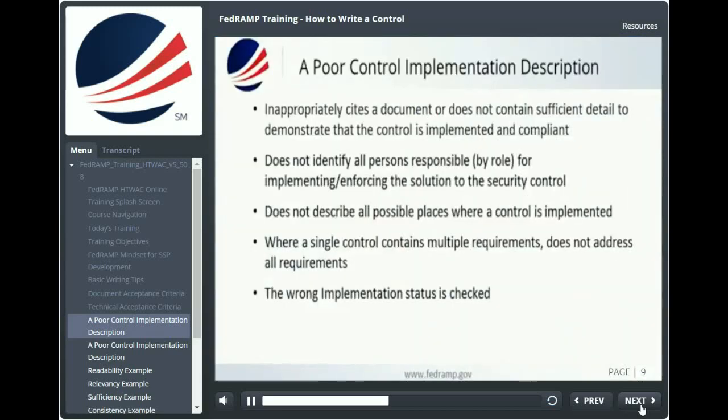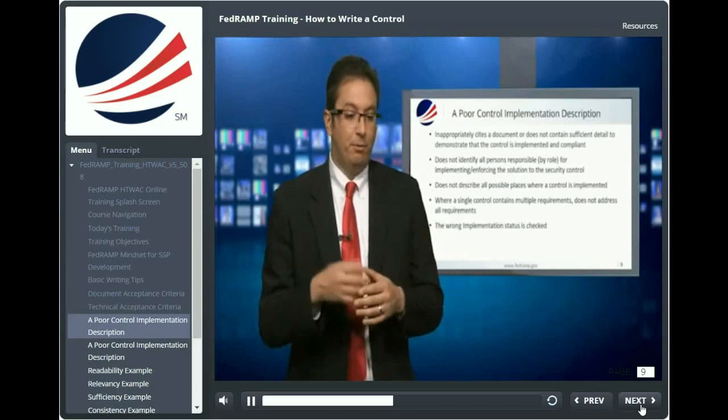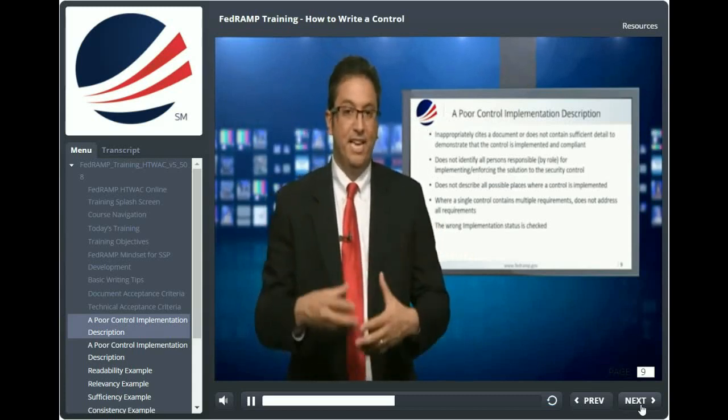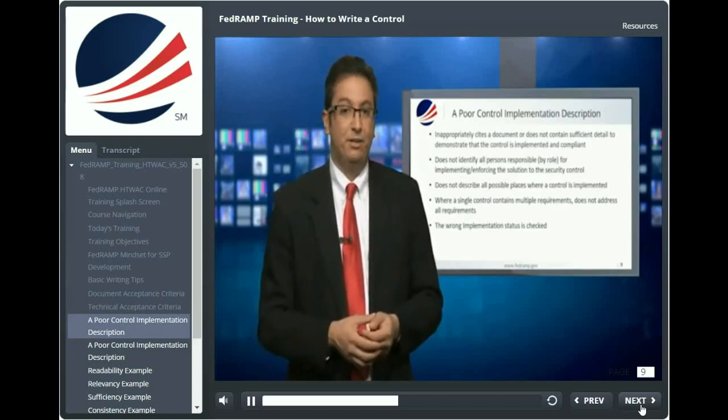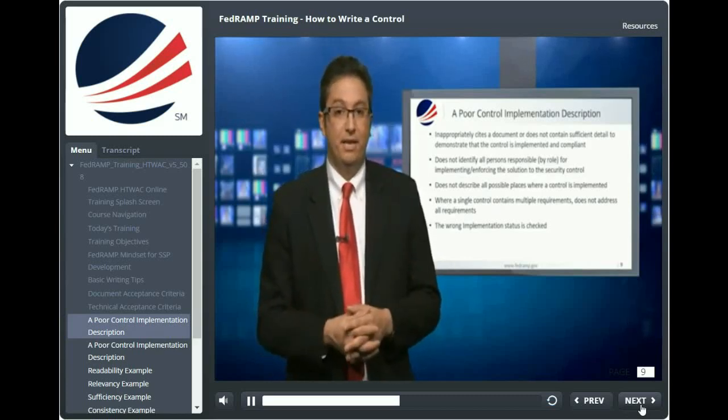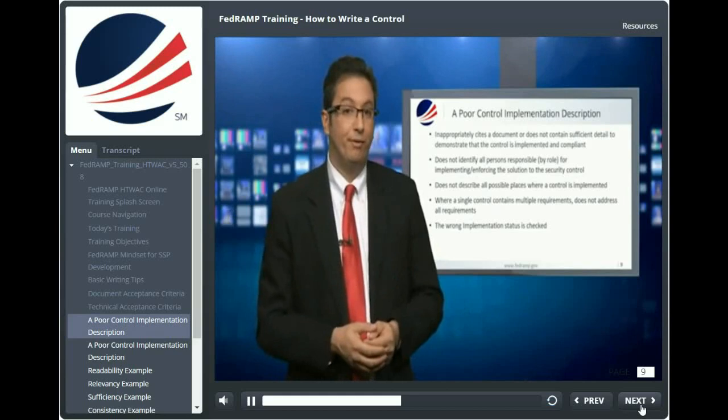You also want to make sure the correct implementation status is checked. A lot of times, if you have in place, planned, and then it doesn't exactly say that in the implementation down below, that's a red flag and could potentially send the document back to you for a further review.